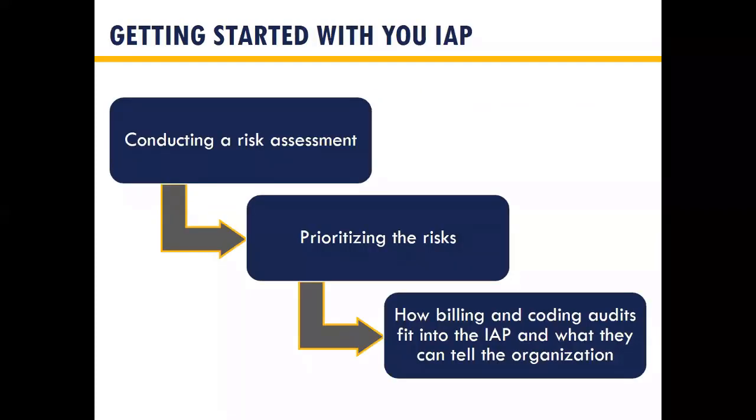So where do we start with the internal audit plan? What should be one of the first things that you do? What we suggest is that you may want to conduct a risk assessment. What that is, you identify individuals within the organization from a variety of areas and departments. The individuals can be from senior leadership roles, but they might also be in supervisory roles or even frontline staff.